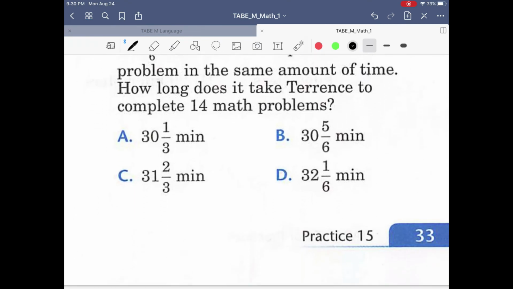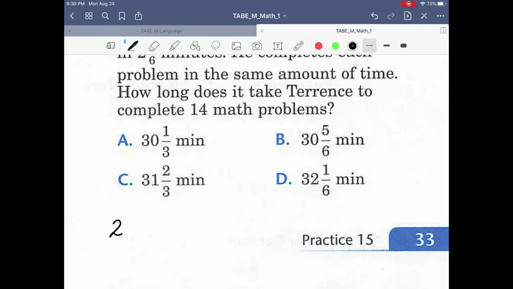So we're saying 2 1/6, 14 times. So 6 times 2 is 12, plus 1 is 13 over 6, times 14 over 1.